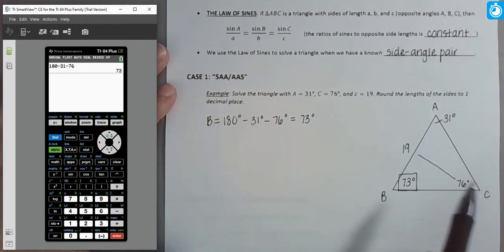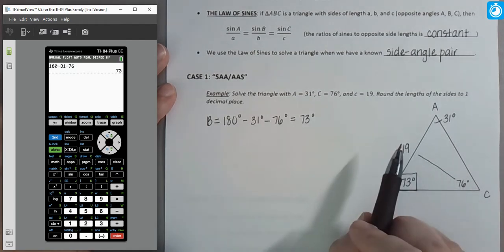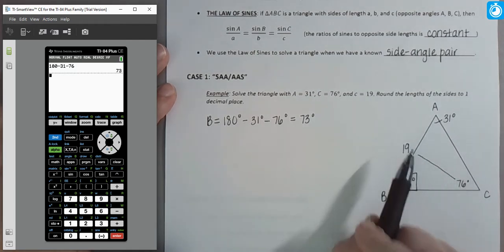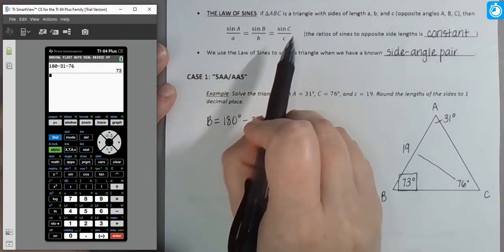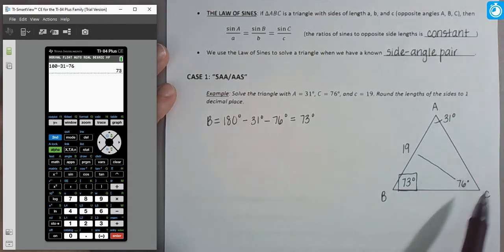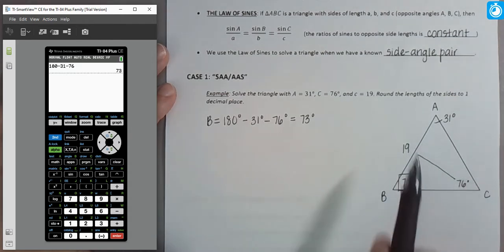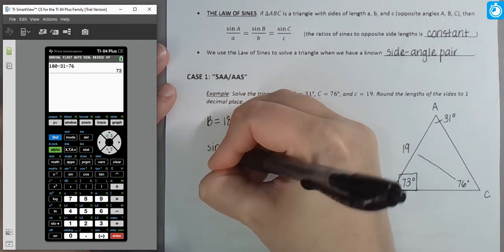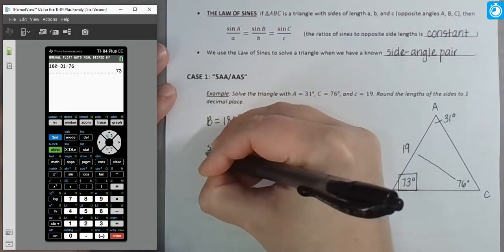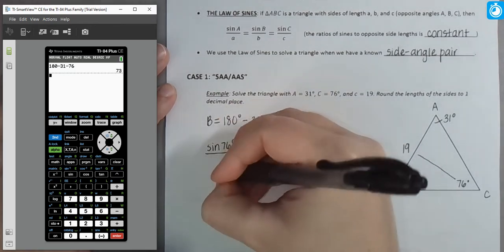I'm going to start with the pair that I'm given. I was given angle C and then the side opposite that, side C. So I'm going to write the ratio of the sine of angle C divided by side C. So the sine of 76 degrees divided by 19.